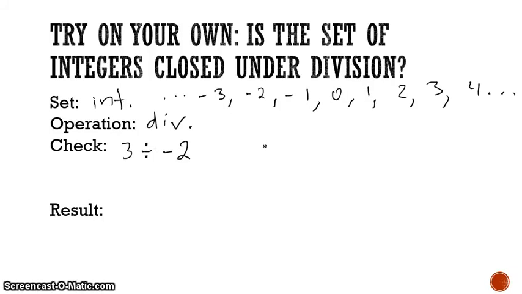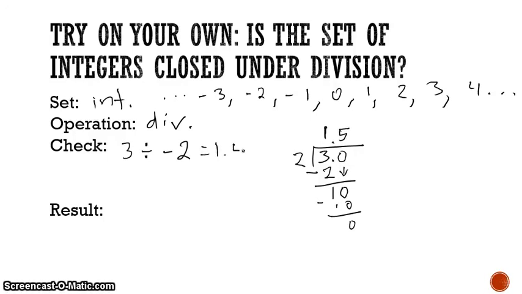Okay, I'm going to do long division. 3 divided by 2 goes in once, minus 2, 1 is the remainder. Why not? I'll keep on dividing it some more. So it goes in 5 times, minus 10, 0. So I ended up with 1.5. And furthermore, it's negative 1.5 because positive divided by negative gives me a negative answer.